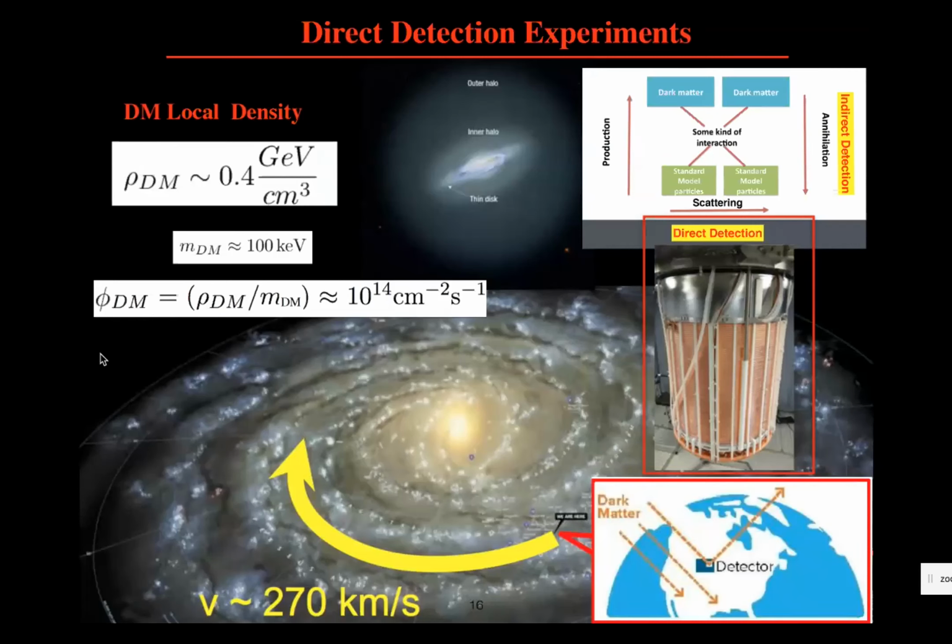Xenon is a direct detection experiment on the Earth, and the Earth is going through the dark matter halo. Here you can see the dark matter flux and the dark matter density. For example, for a mass around 100 keV, you have 10 to the 14 flux of the sterile neutrino.